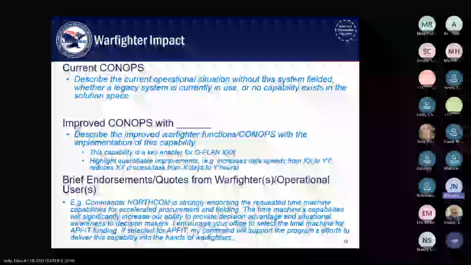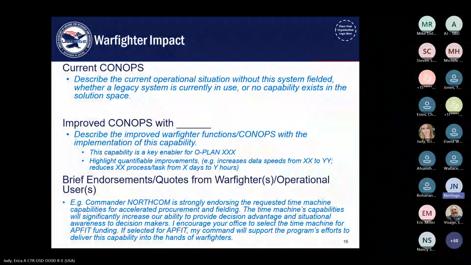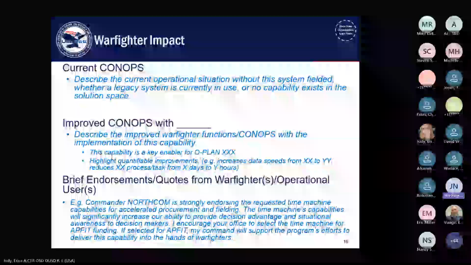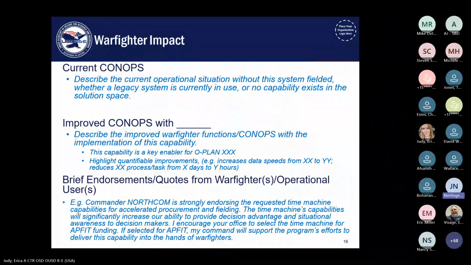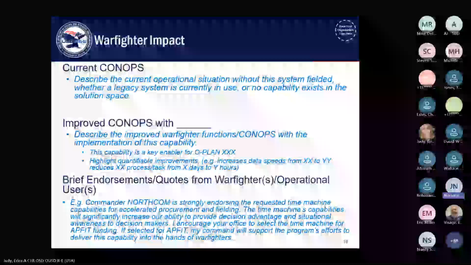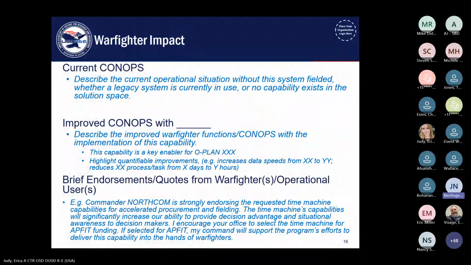Or if you've got a screenshot or endorsement letter, a snapshot of those, you can include those in the backup slides, which we'll cover in just a bit. Conversely, if you're a CCMD or agency submission, then you're going to want to highlight endorsements from PEOs or program managers here, right? So the organizations that are transitioning your product, your capability into a program of record.